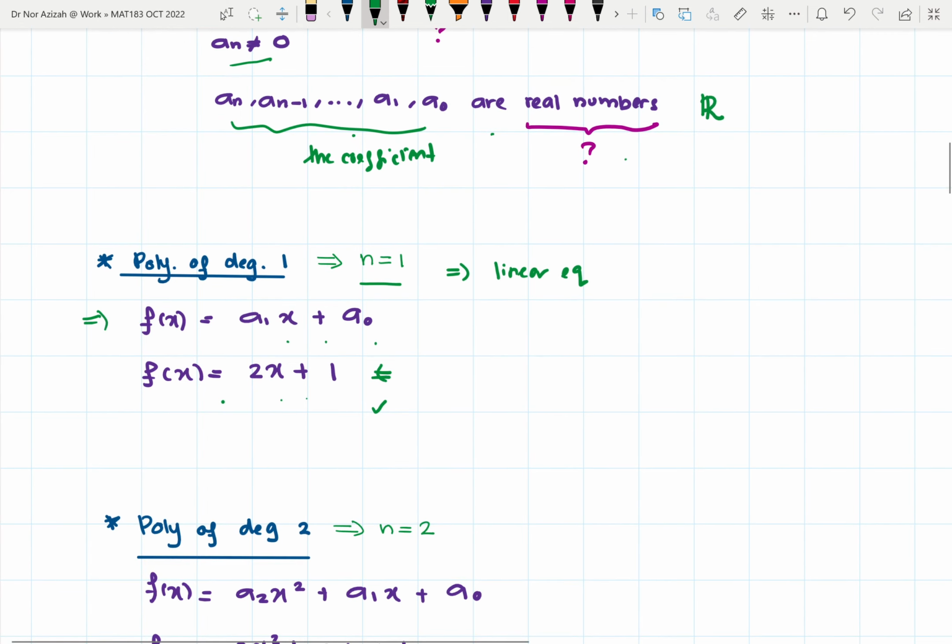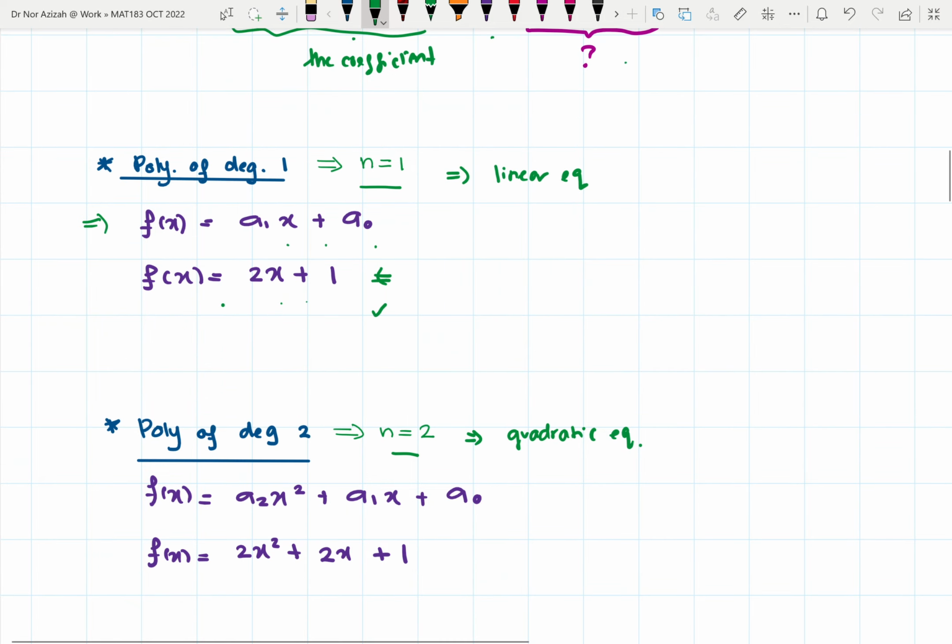Okay. For a polynomial of degree 2, that means n equals 2. So for n equals 2, you will have a quadratic equation. For a quadratic equation, the highest degree is 2. So f(x) equals a_2 x squared plus a_1 x plus a_0, where a_0 is a constant.